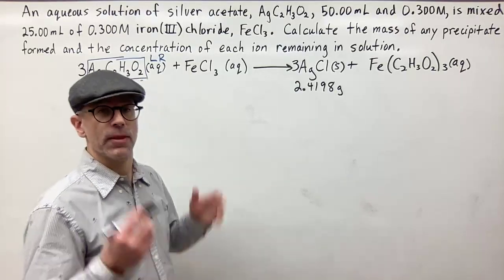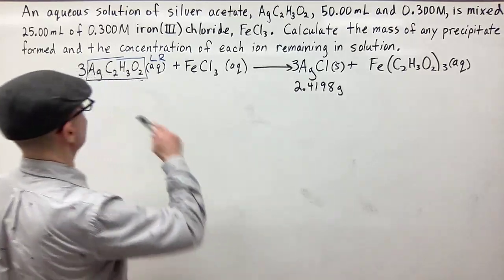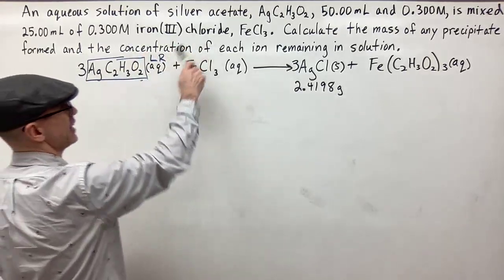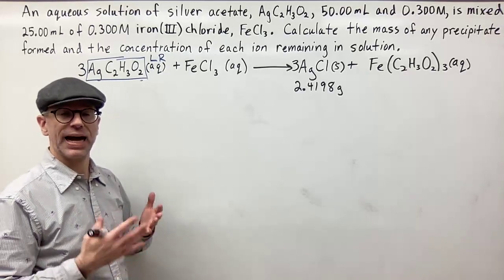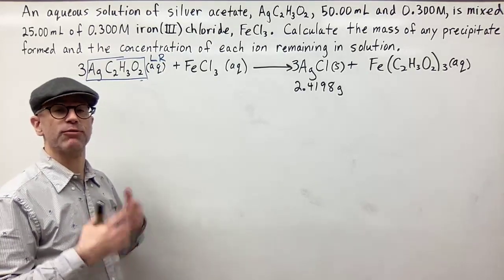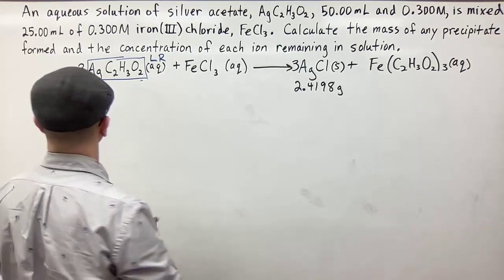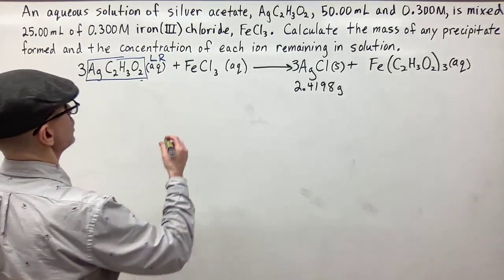Okay, so we're going to start again with the silver acetate, and we're going to calculate the moles of each of the ions that were in solution before mixing. So let's start with the aqueous solution of silver acetate.